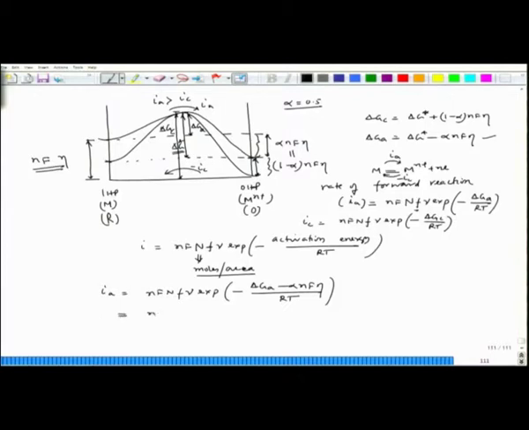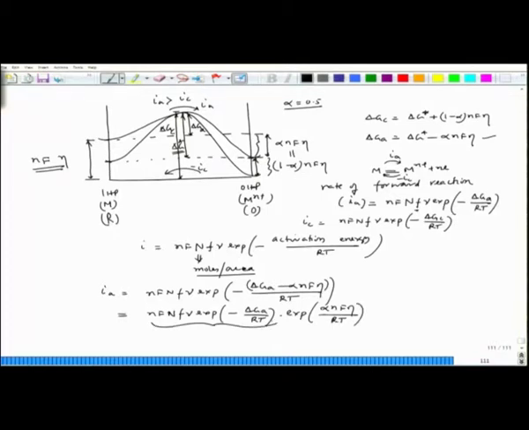So, this becomes NF NF nu exponential minus delta GA by RT into exponential alpha NF eta divided by RT.